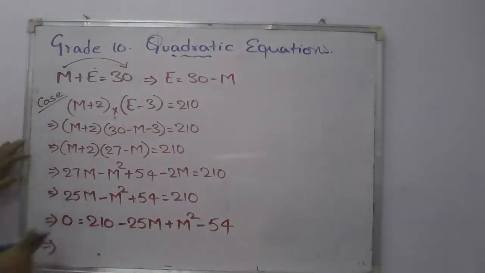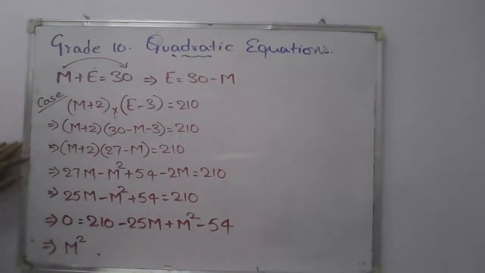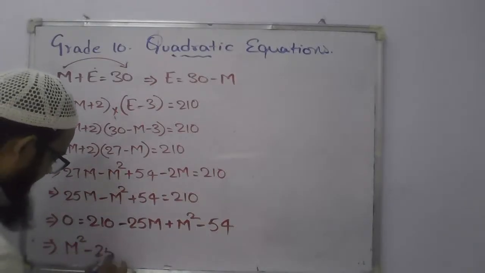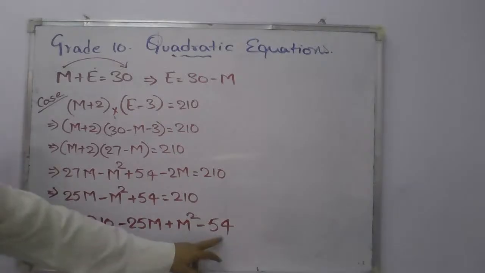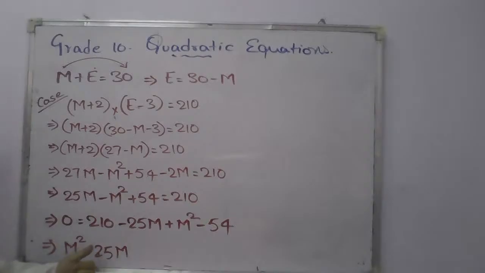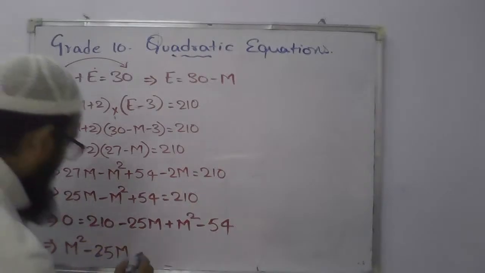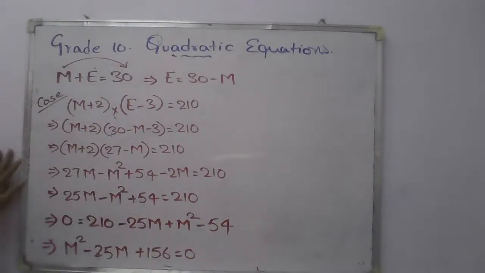So when you have 0 on any side, you can shuffle it, right? So it will be M square minus 25M and 210 minus 54. What is 210 minus 54? 210 minus 44, 200 minus 44, 200 minus 40 is 160, 160 minus 4 is 156. So I think it is plus 156 is equal to 0.